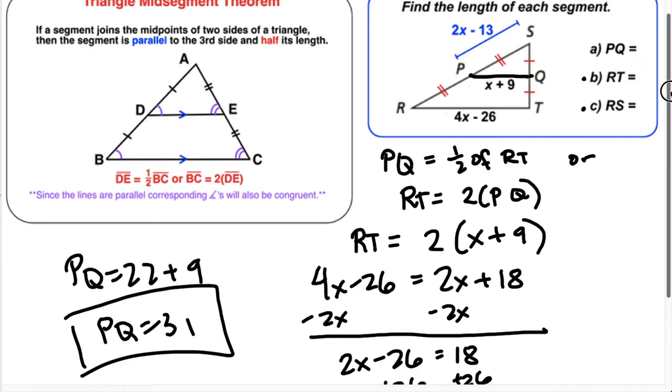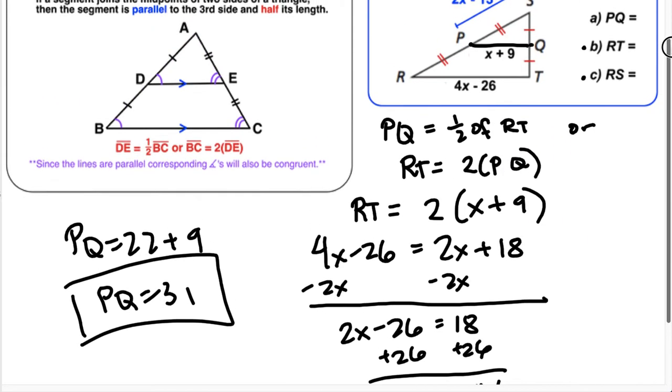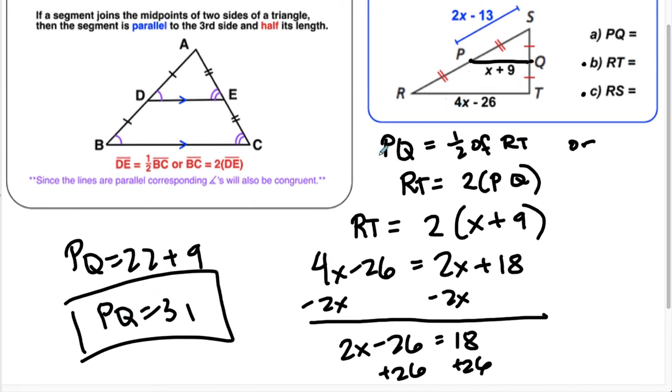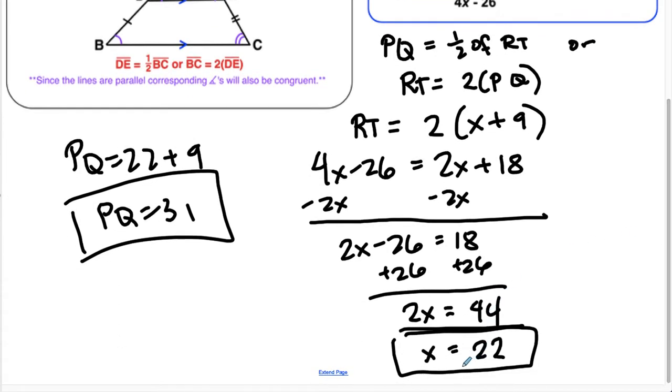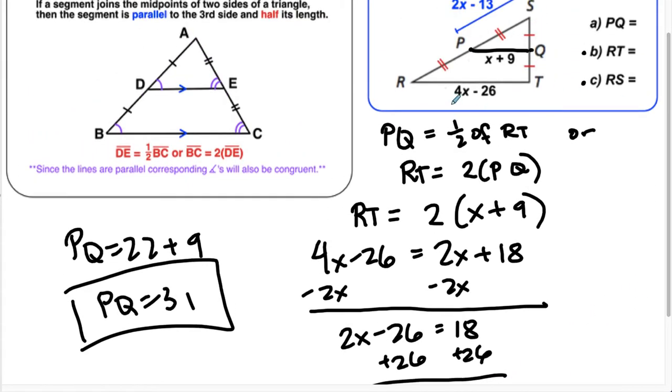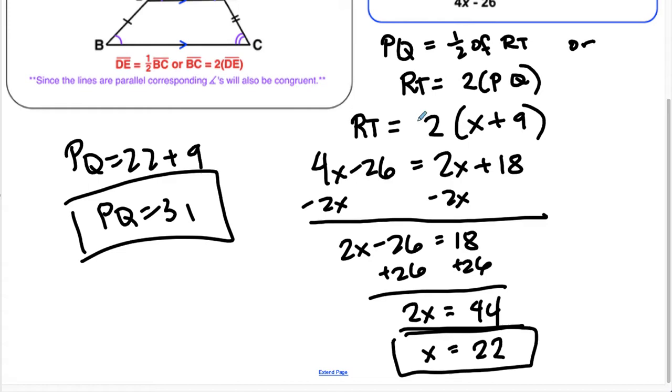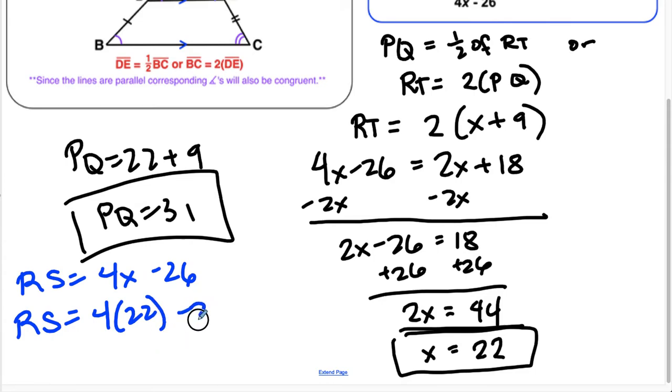Okay, so now we know how to find RT because now we can plug in x equals 22 here in 4x minus 26. So RT is equal to 4x minus 26. RT is equal to 4 times 22 minus 26.